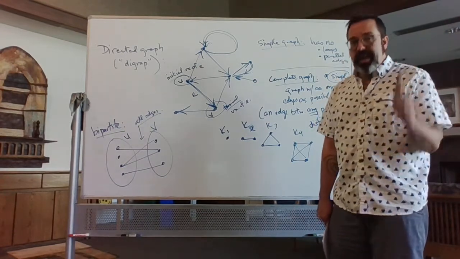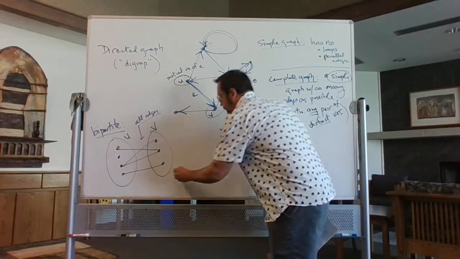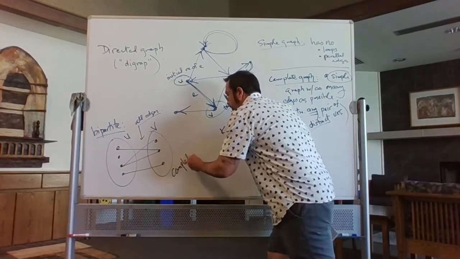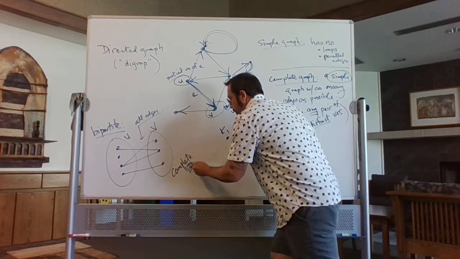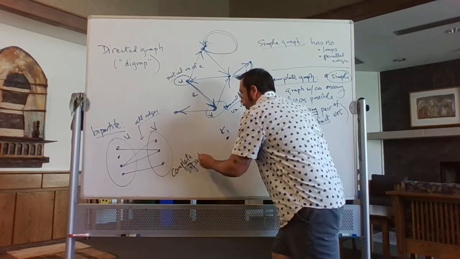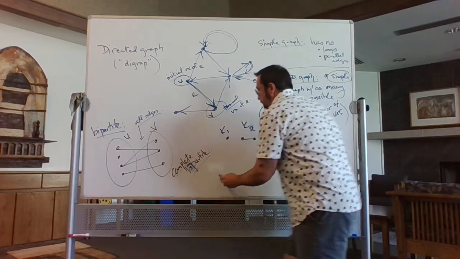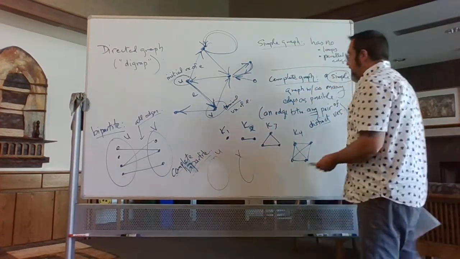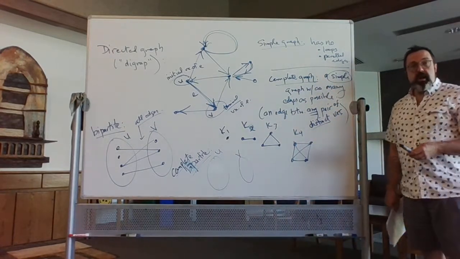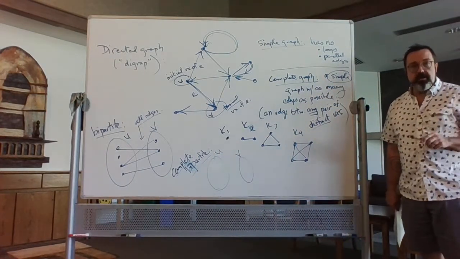A special kind of bipartite graph is called a complete bipartite graph. And I'll just draw a simple example here. A complete bipartite graph is one in which you've got your U and your V, so you're bipartite. It's not the same as complete, because in a complete graph, you want edges between all pairs of vertices.